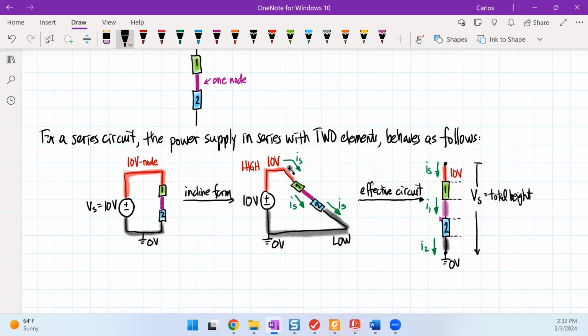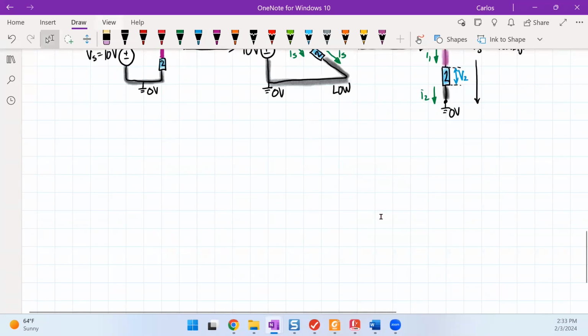So therefore, the electrical height across element 1 is going to be V1. The height across element 2 is going to be V2. In other words, we have the same current and the voltages must be divided. So series characteristics means the following thing.